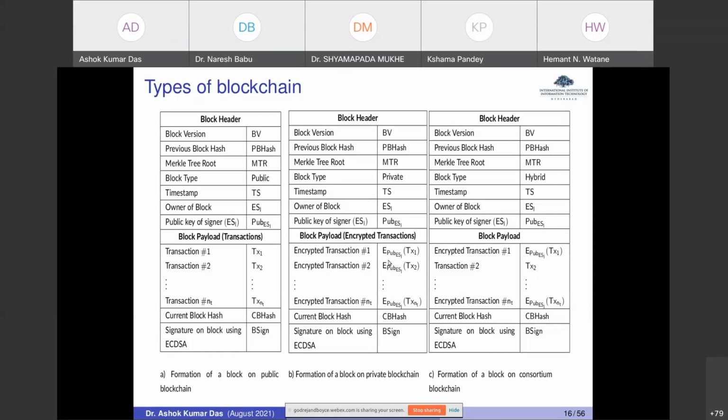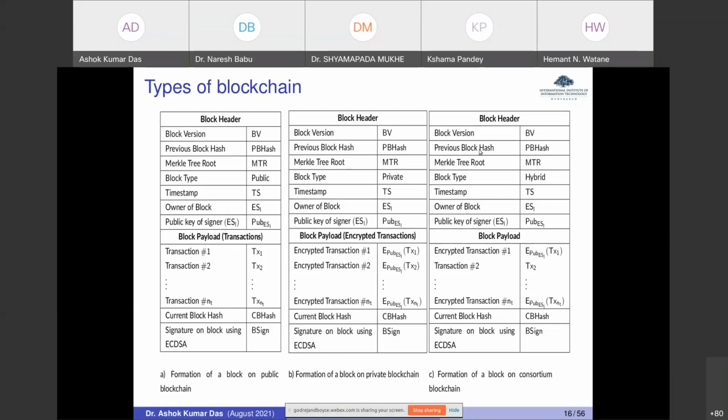Therefore, encryption here is done using elliptic curve encryption and decryption mechanisms. Then we have the current block hash, which is the hash of the block header fields as well as the encrypted transactions fields. Then finally we compute the elliptic curve digital signature on the current block hash to have the block signature.